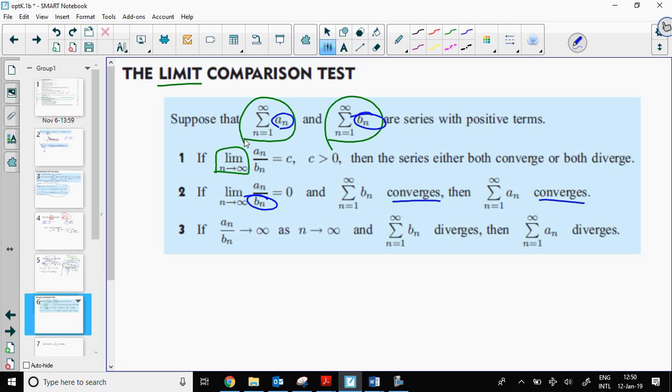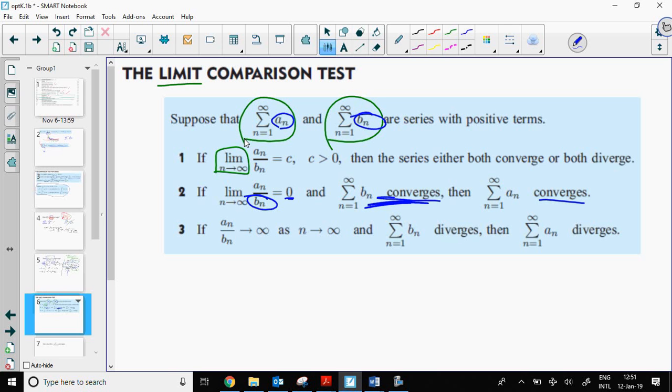We know that if we have a larger series that converges, then a smaller one also has to converge. And I just said that b sub n is going to have to be larger for the limit to be 0, right? That's basic limit stuff that we've known for a long time. So if b is bigger and we've worked out that b converges, then by comparison, a has to also converge.